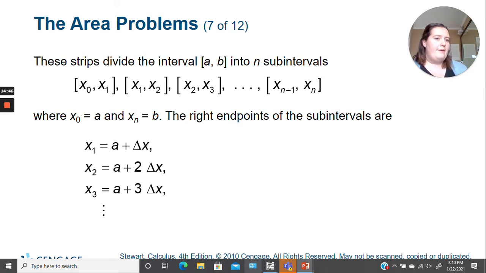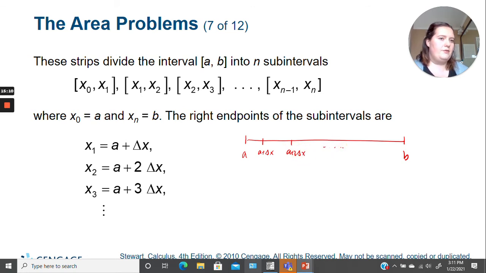Once you have that, then we can figure out our endpoints. Our first endpoint is a. Our last endpoint is b. To figure out all the endpoints in between, all we do is add delta x. You'll add one of the delta x's, then add two of your delta x's, all the way up to get to b.